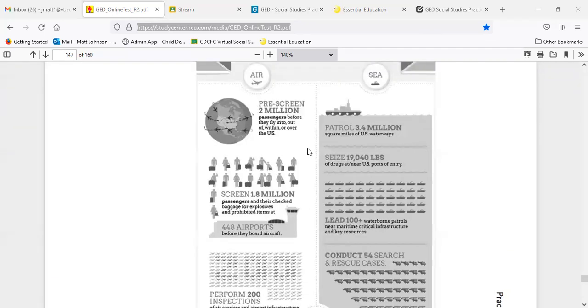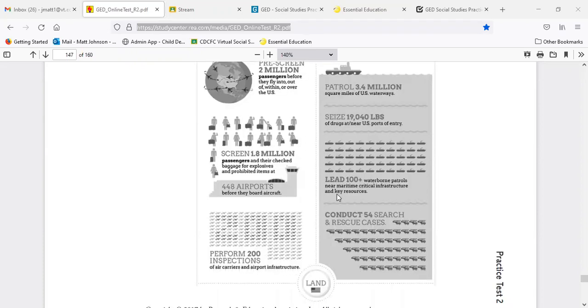And on the sea here, it says patrol 3.4 million square miles of U.S. waterways, seize 19,040 pounds of drugs at or near U.S. ports of entry, lead 100 plus waterborne patrols near maritime critical infrastructure and key resources, and then conduct 54 search and rescue cases. So that was one change with the Department of Homeland Security.